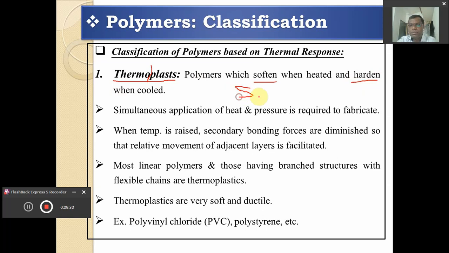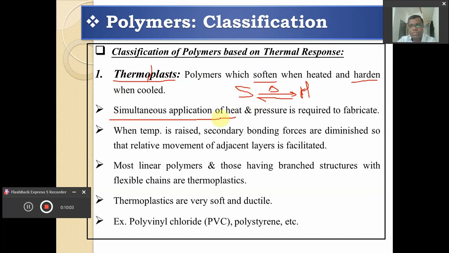So this is simple: a soft polymer becomes hard if it is subjected to cooling after heat, and this process is reversible, meaning if the temperature is increased again, the polymer becomes soft again, and if the temperature is decreased again, it becomes hard again. So these polymers become soft when heated and become hardened when cooled.